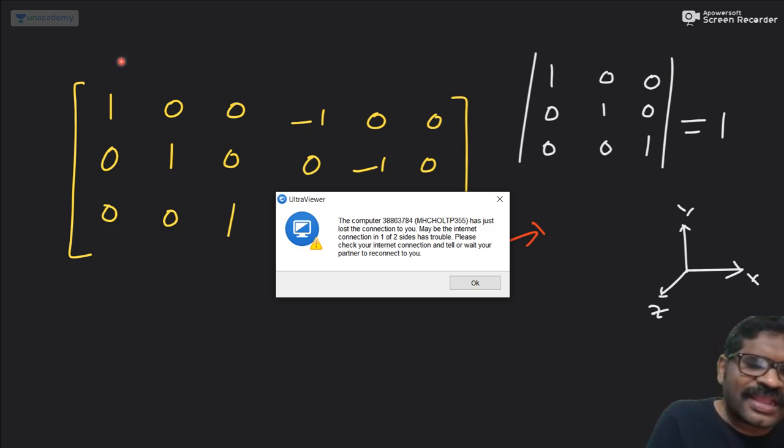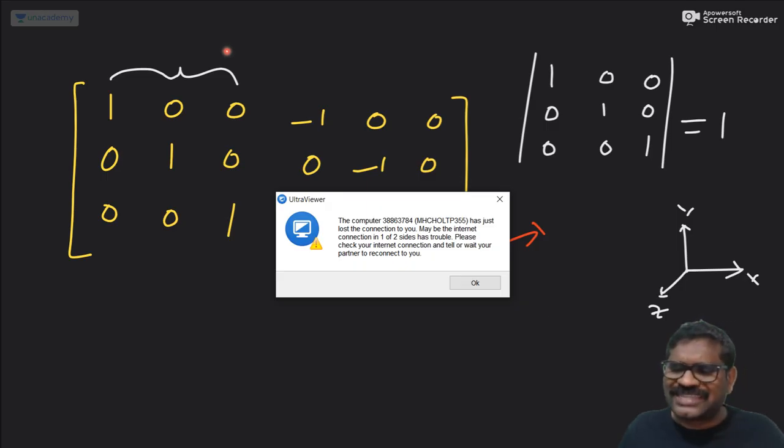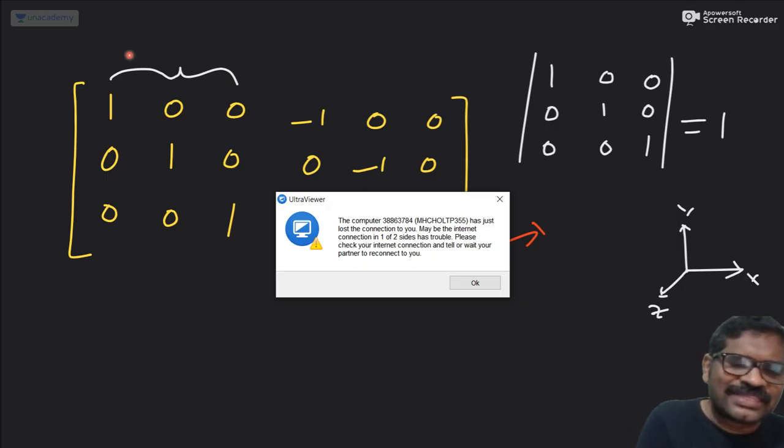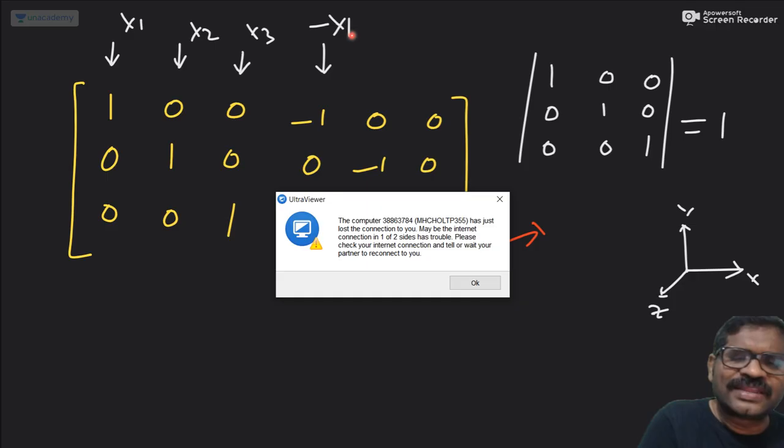Here these three vectors are x1, x2, x3, and minus x1, minus x2, minus x3.